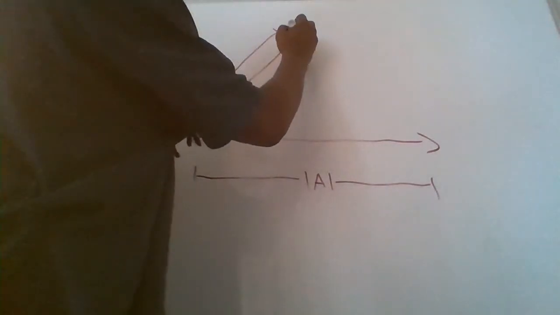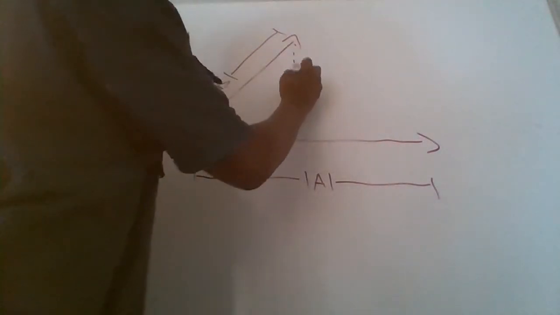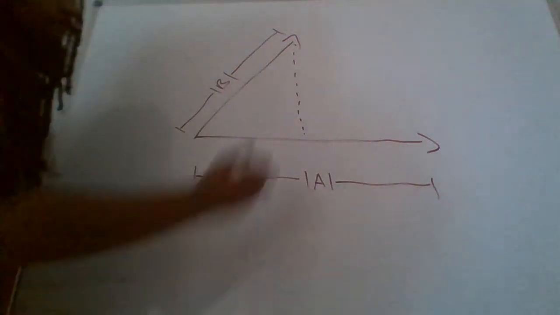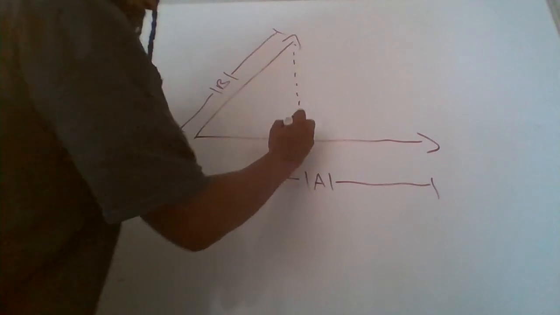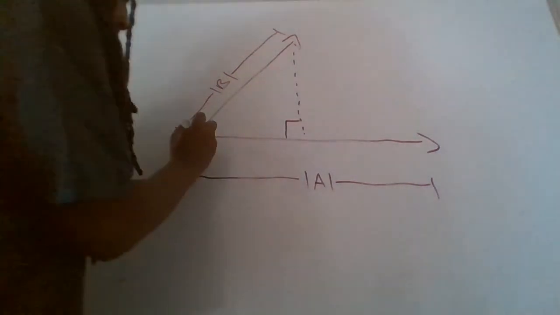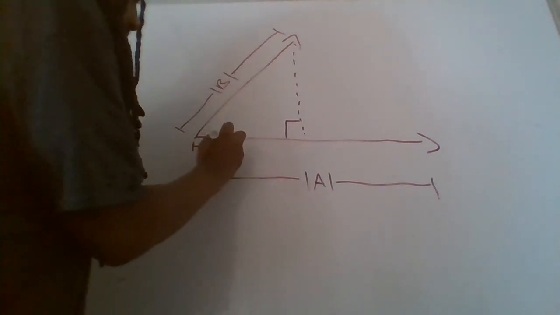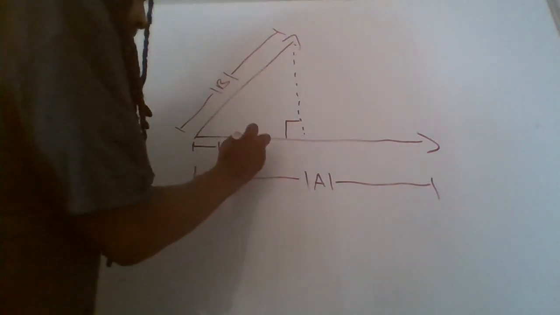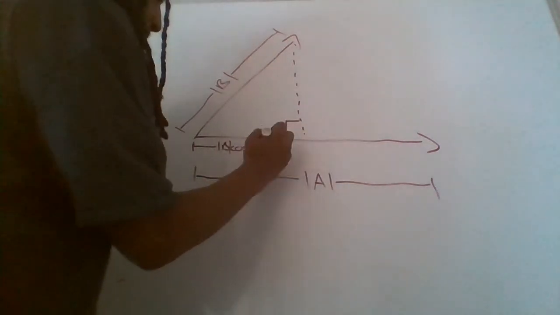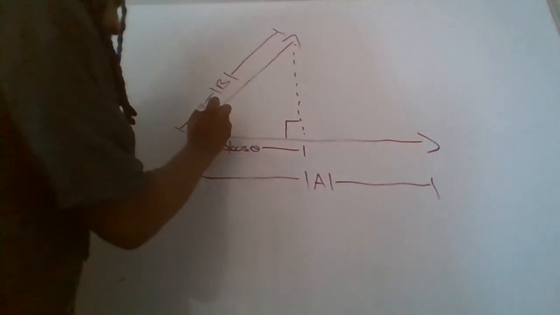Now say we draw an imaginary line, and we have a right triangle here. We know that this length here is the magnitude of B times the cosine of the angle theta, this angle theta here.